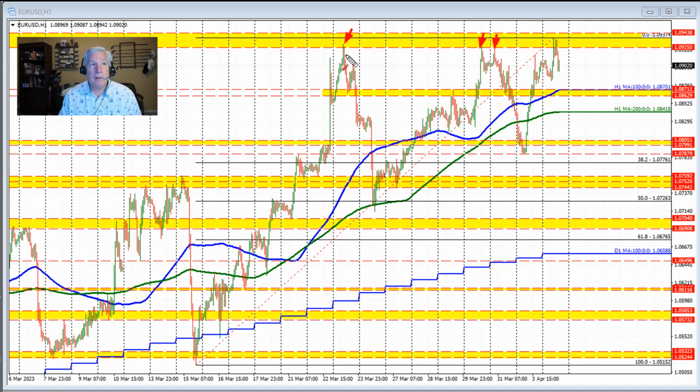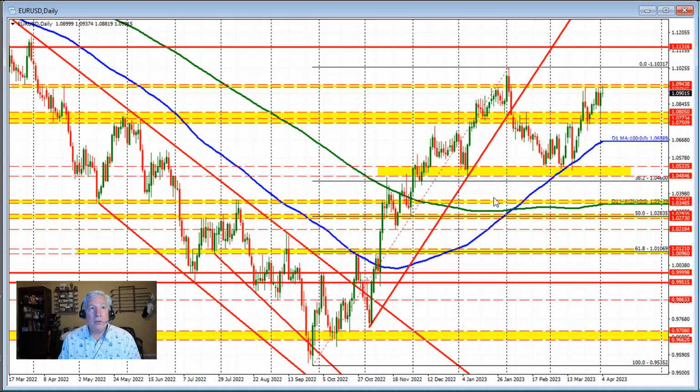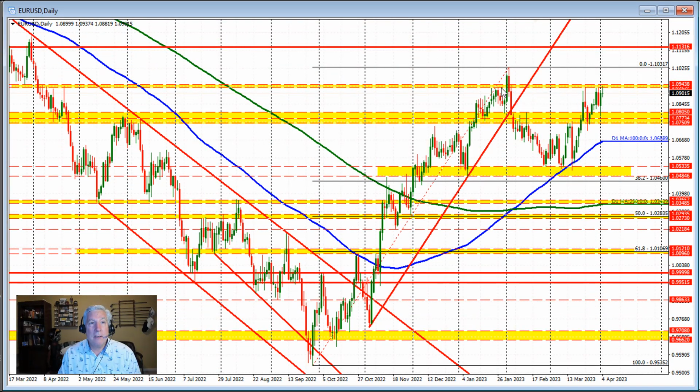But if you go to the daily chart and you look at the different highs going back in time, way back here and even back through here, there are a number of different lows and highs in this yellow area through here, and that is what really defined the swing area more recently and in the past.